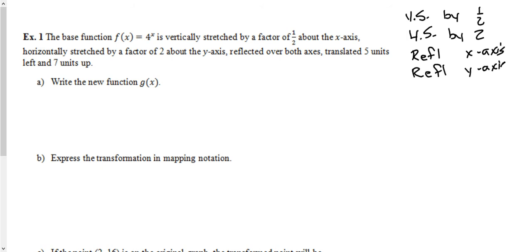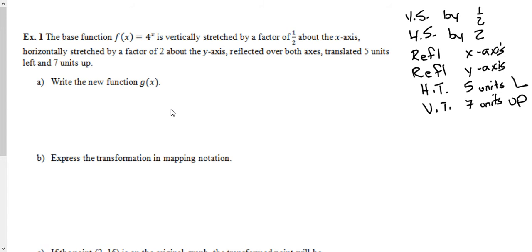We also have movement, and that's going to be 5 to the left and 7 up. So we have a horizontal translation, 5 units left, and a vertical translation, 7 units up. And there we go.